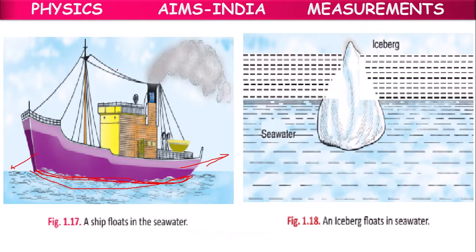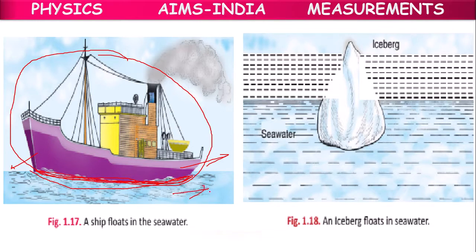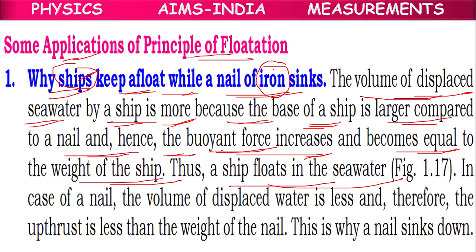The ship is specially designed in such a way that the base of the ship is more, the amount of displaced liquid is more, such that the upthrust, the buoyant force, becomes equal to the weight of the ship. Why are we making the base of the ship larger? To increase the buoyant force so that it becomes equal to the weight of the ship. So that's why the ship floats in seawater.